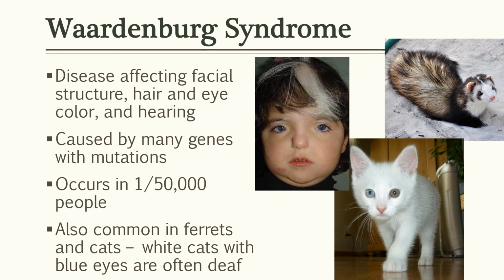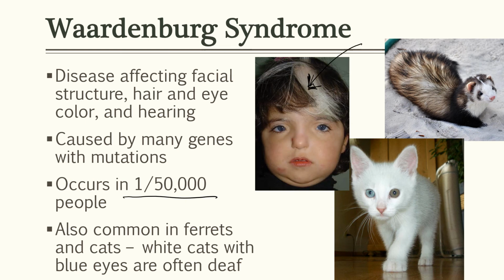So an example of a disease or a syndrome that you get as a result of one of these polygenic traits is Waardenburg syndrome. And this is where all of these genes have mutations in them. It occurs in about 1 in 50,000 people. So you'll end up with a special facial structure. You'll end up with often having a stripe of dark or of white hair.